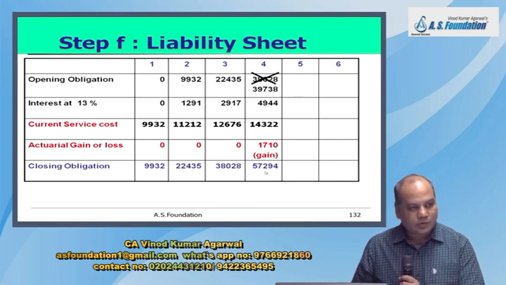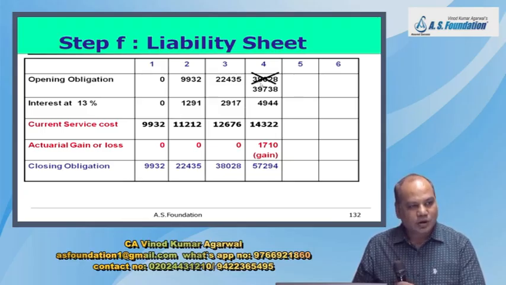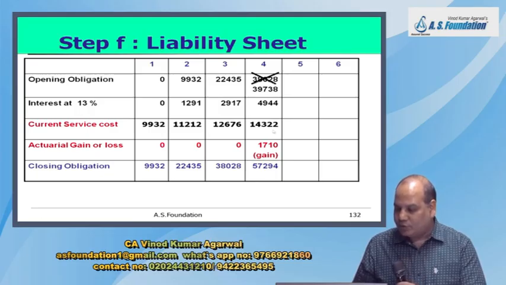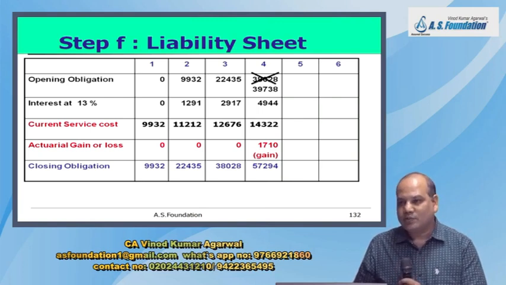This year we will have to recognize one actuarial gain or loss which has arisen due to two reasons: one is change in salary growth rate estimation, and one is change in the discount rate estimation. That gives rise to a difference between what we are showing in the books and the closing obligation as per the new assumptions, and that difference goes to actuarial gain and loss.